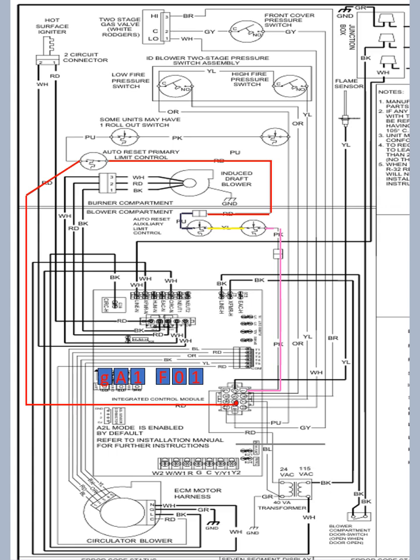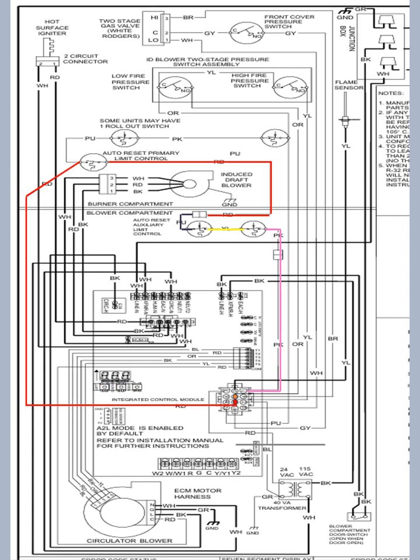Then we'll move on to the 24-volt split at the primary limit control and travels on a purple wire up to the inlet side of the first rollout switch, changes to a pink wire and goes over to the second rollout switch.